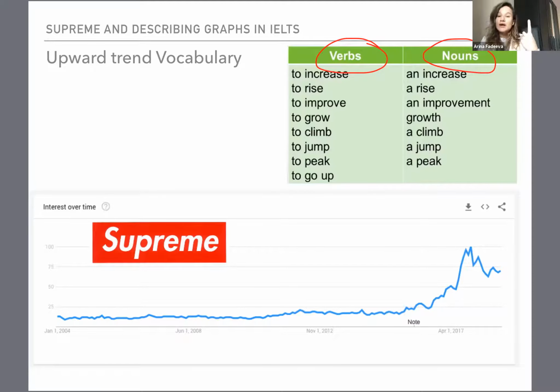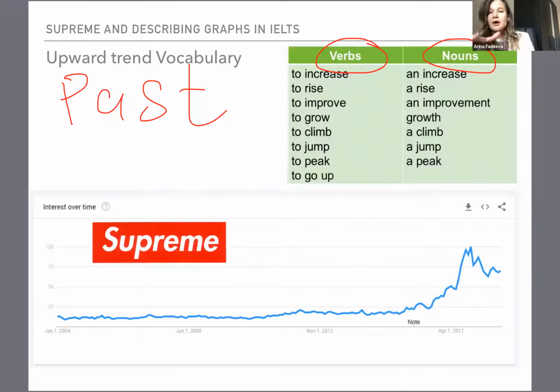So one sentence can be with a verb, another one can be with a noun. So give me your examples with verbs. Remember that we need to use the past tense with the verbs, right? Mostly all of them are regular verbs except for rise and go up, I think, right? Peaked, jumped, climbed. No, grow, of course. These three have irregular forms.